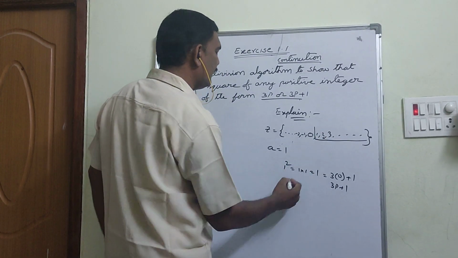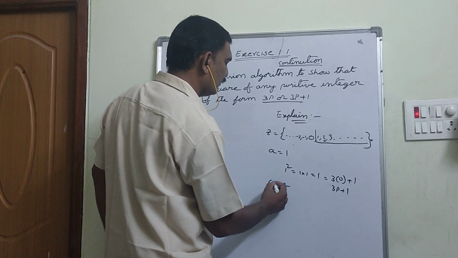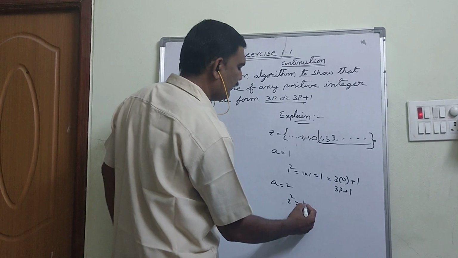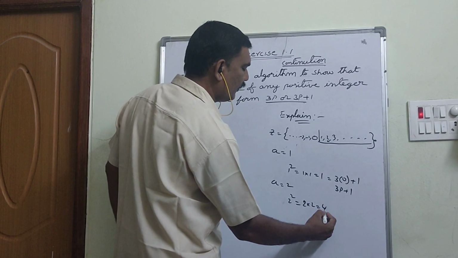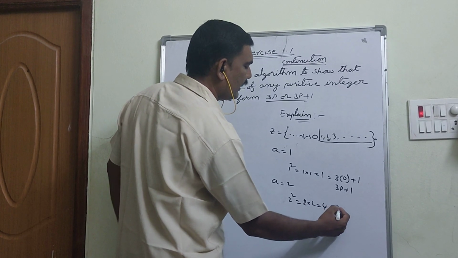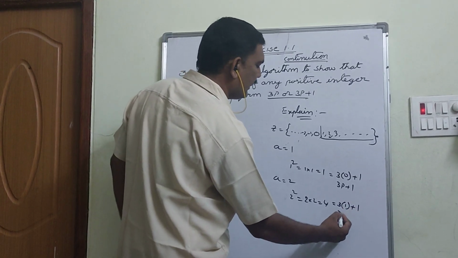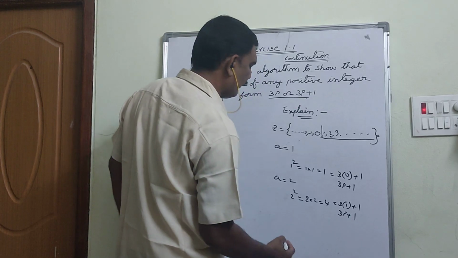Next, second integer, if you are taking 2, its square becomes 2 square. Its value is 2 into 2, that is 4. This 4 can be written as 3 into 1 plus 1. So again it is in the form of 3p plus 1.